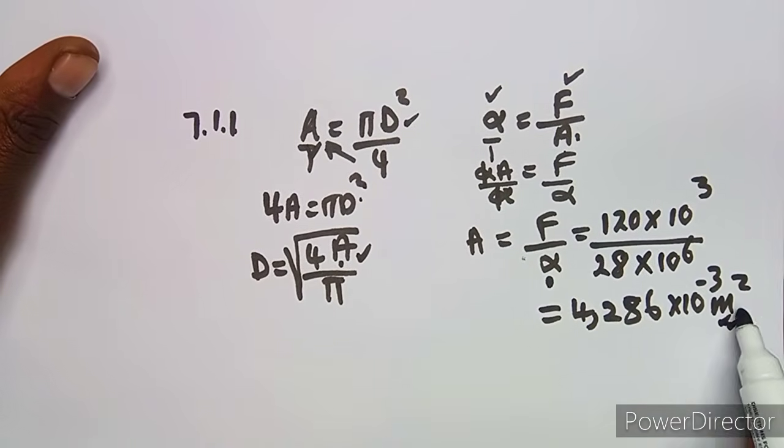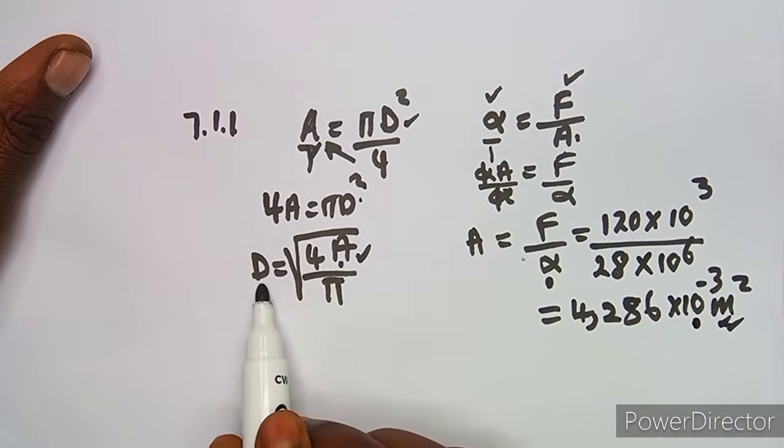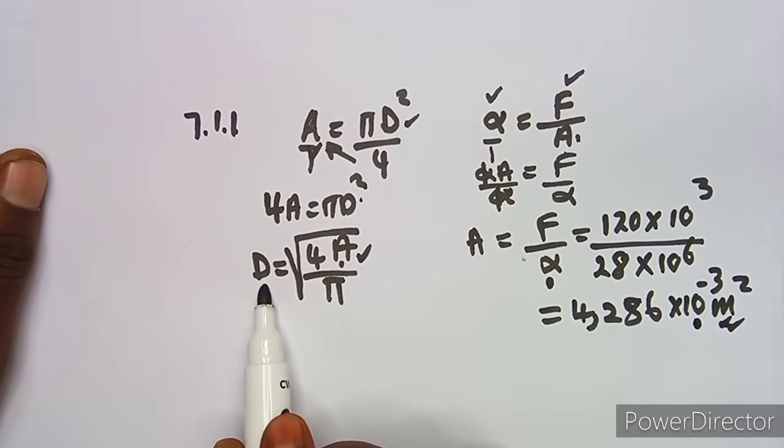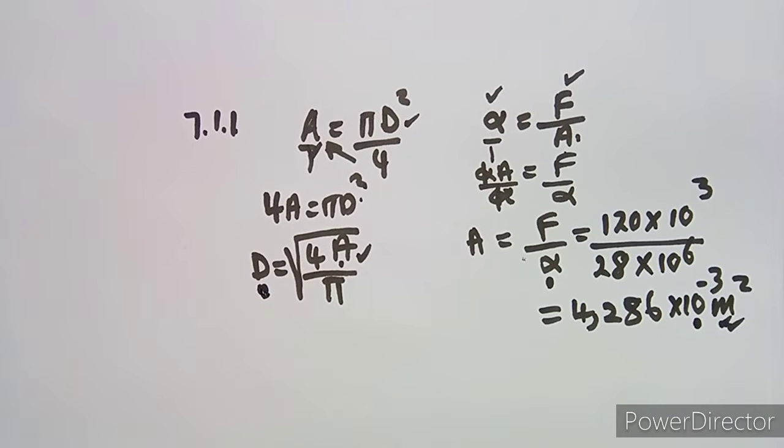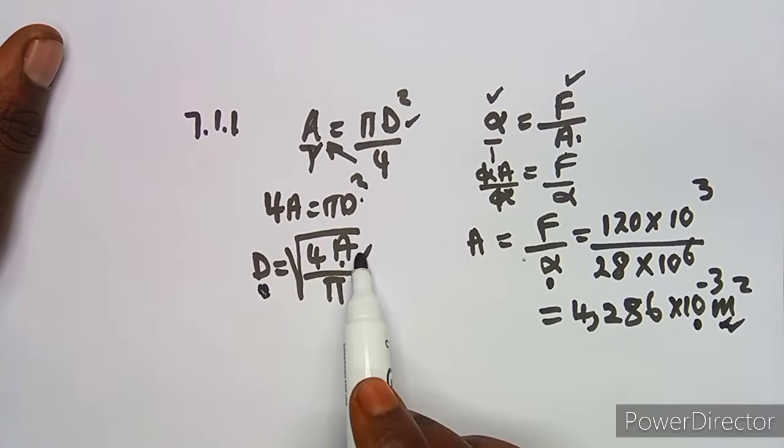So now you have the area, so you can determine the diameter that you wanted to calculate, and the only thing that was missing was the area.